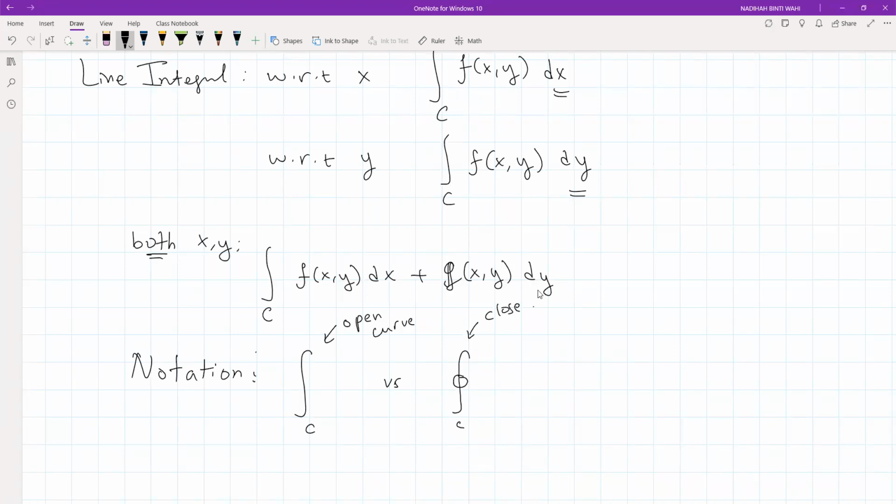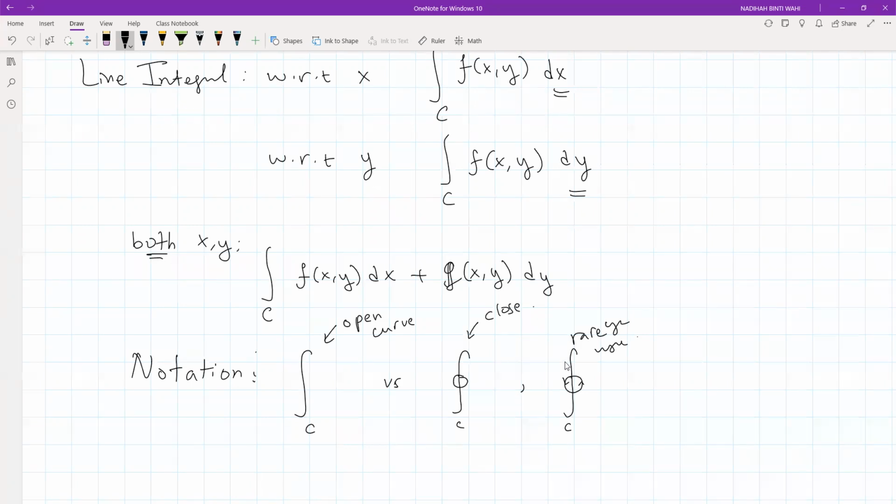And in some cases, you can also have something like this, integrate on C, and then you have the direction of the orientation of curve C. So this is the positive direction. In most cases, we just leave it as that. In most cases, we don't really use it, because the convention is, you need to bear in mind, remember that counterclockwise is the positive convention. Unless you want to specify the other way, then you can do it.